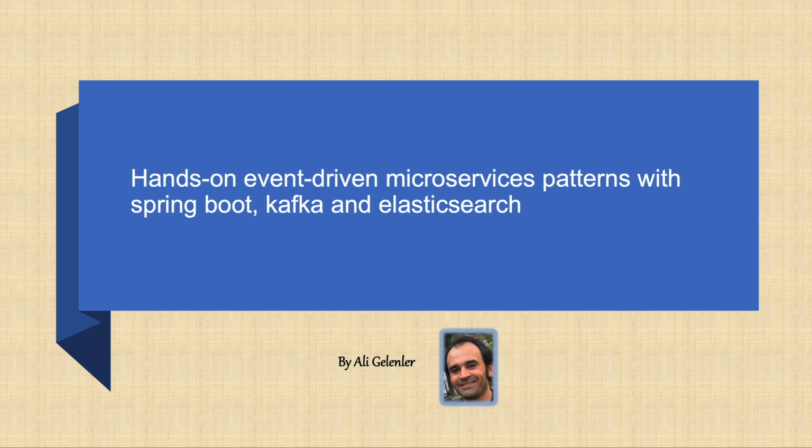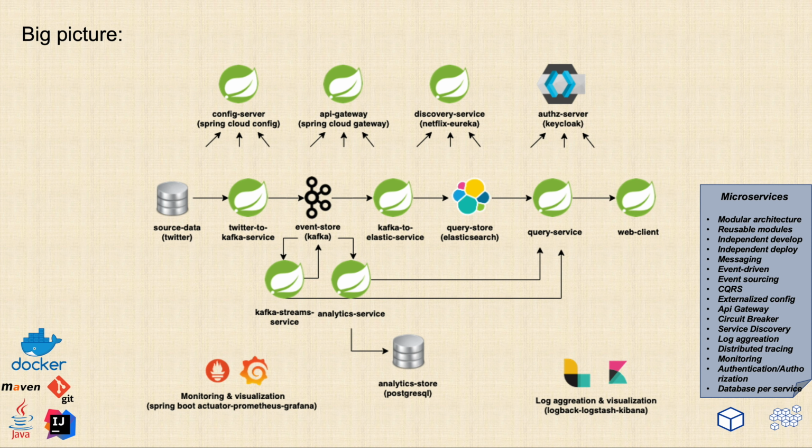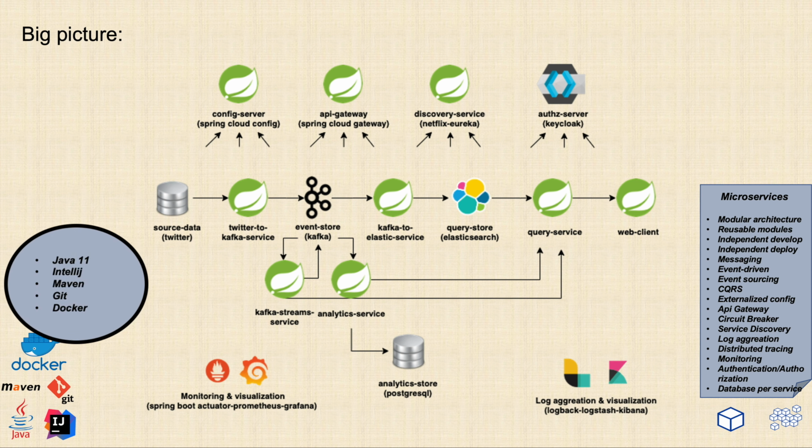Hi everyone. In this lecture, I will go into the details of each microservice and component and explain the technologies, tools, and patterns that you will be using in this course. On the left bottom, you see the tools that you will be using in your environment.